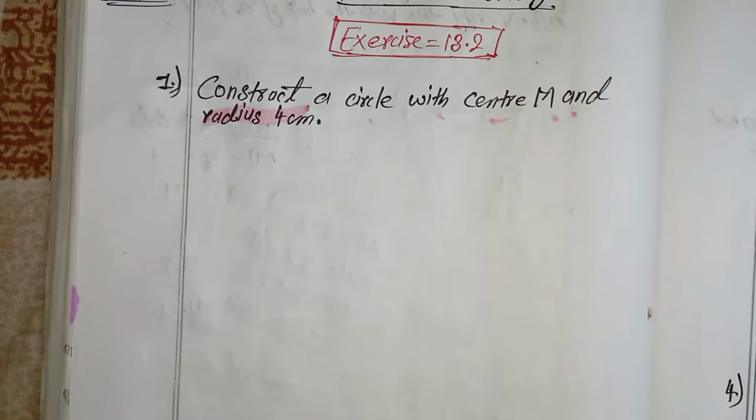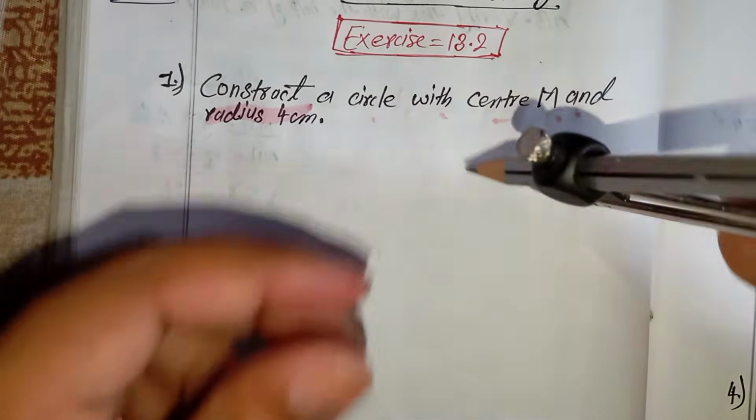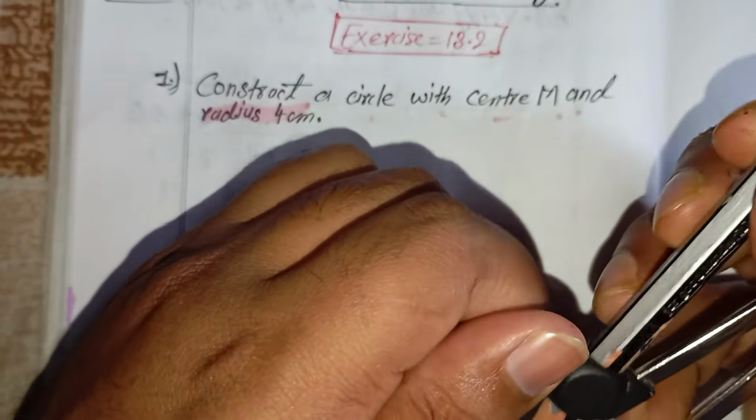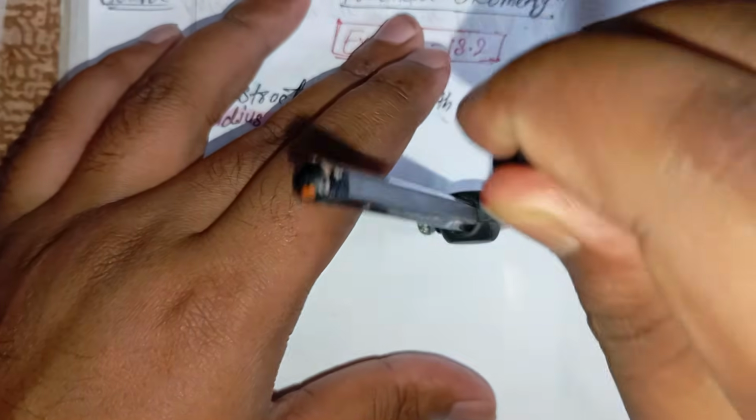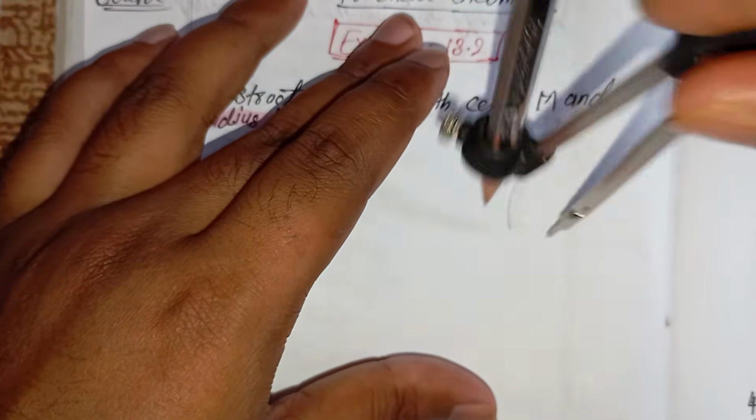Let's suppose this is a circle. I will try to make a circle here, and then we will continue. This is for understanding purposes.